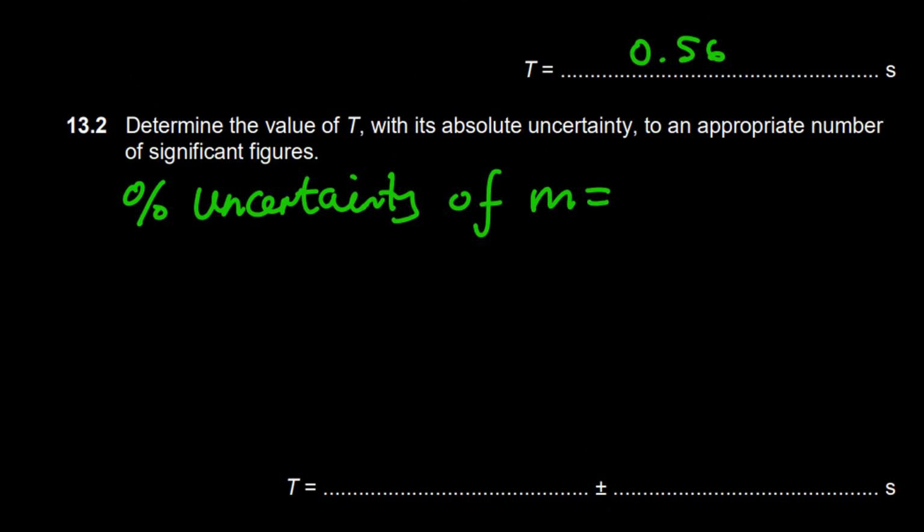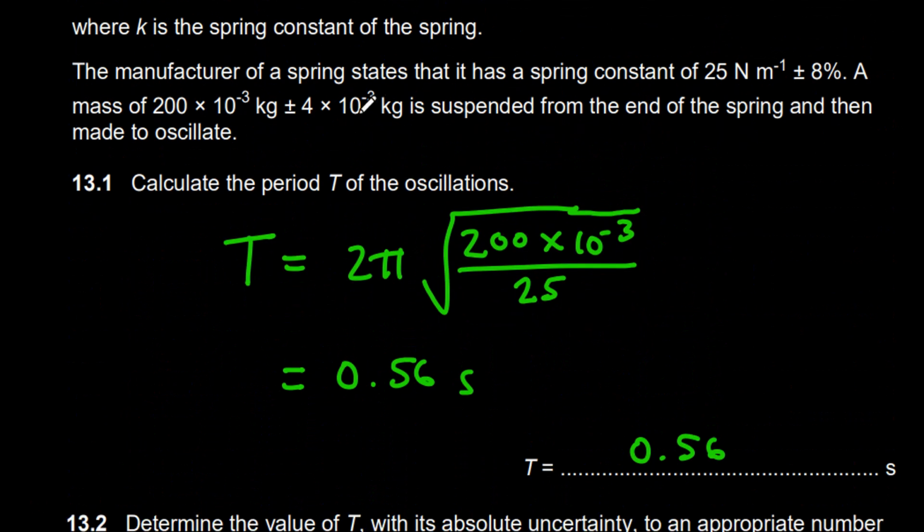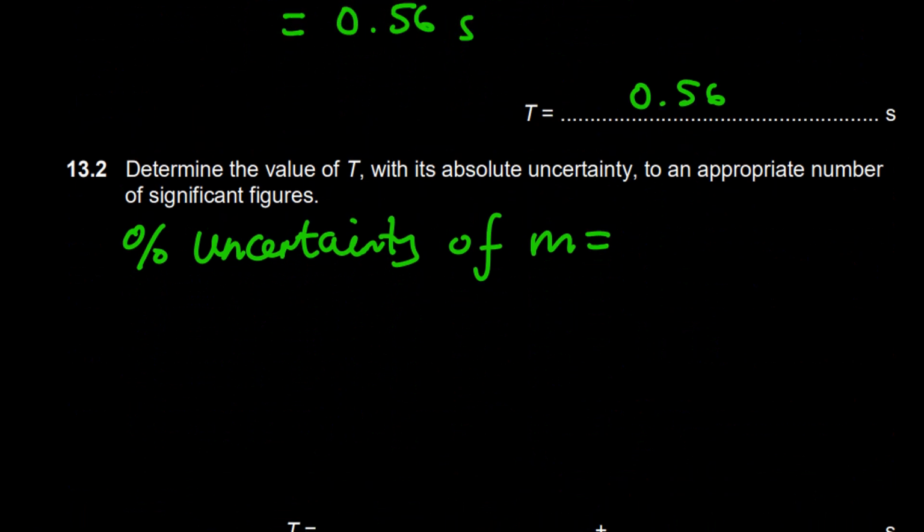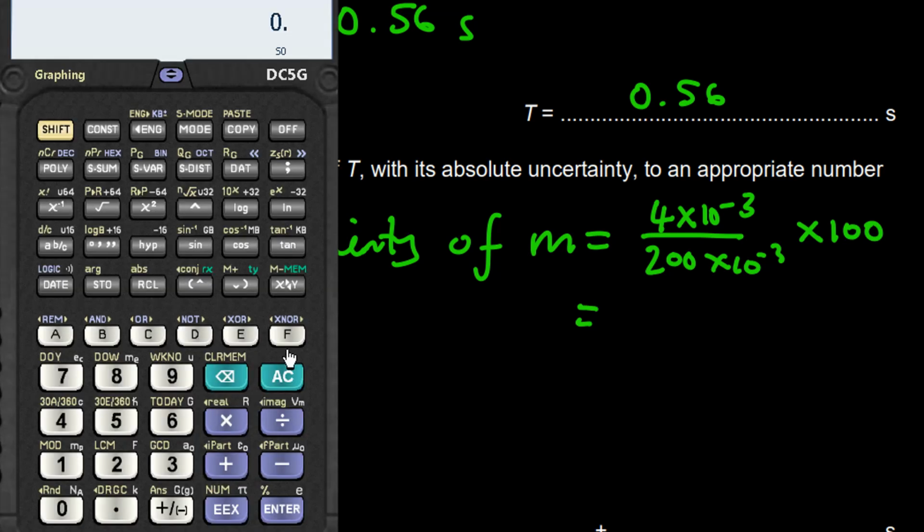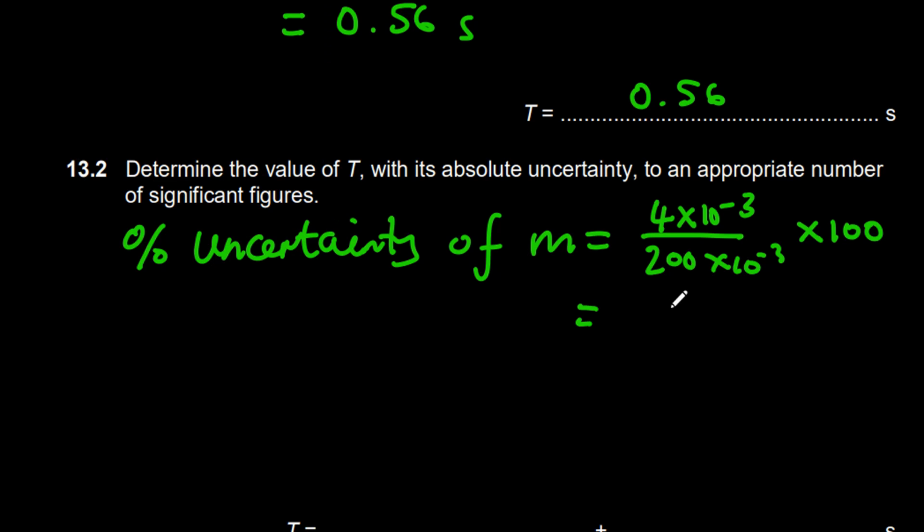It's going to be delta m over m. In other words, the absolute uncertainty divided by the measured value. And then, of course, multiplied by 100. And we get 2%.